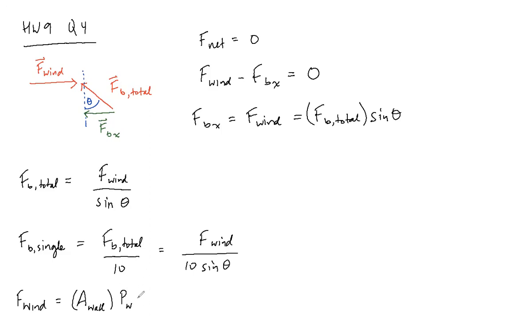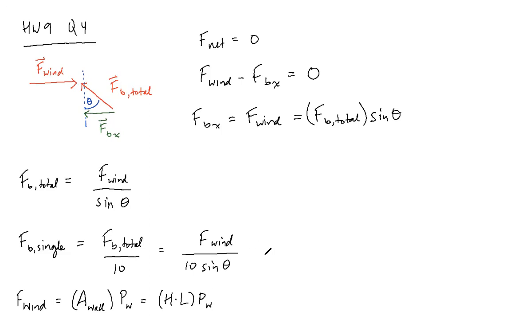And the wind pressure they gave us, they said it was 786 newtons per square meter. And so that is equal to the height of the wall times the length of the wall times the pressure.